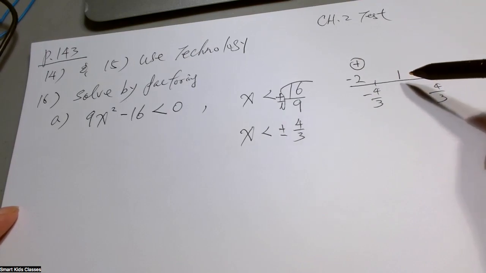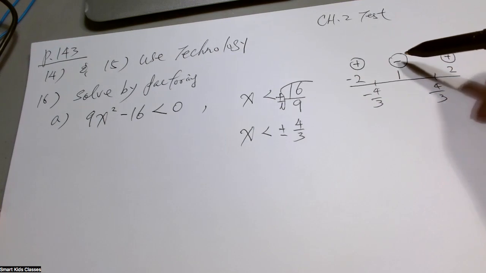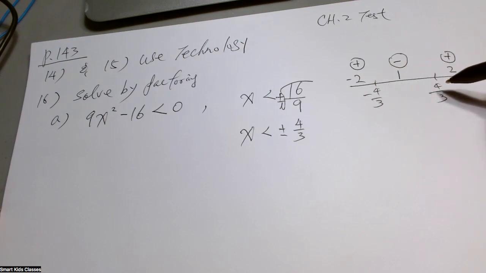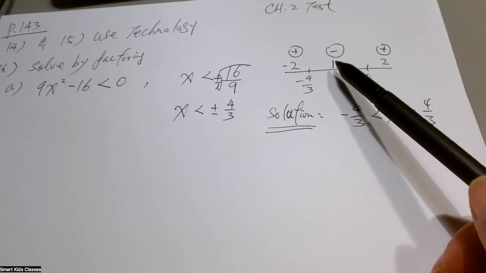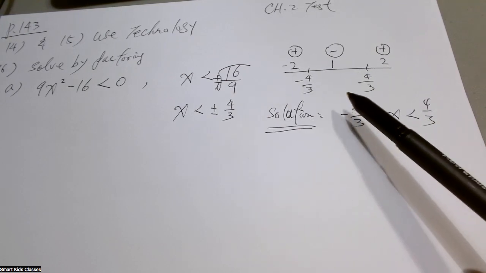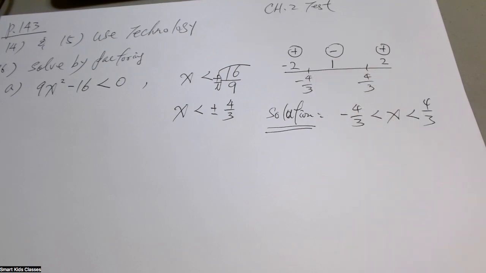How about 1? 1 is true, negative. How about 2? 2 is positive, is not true. So therefore, the only solution is the one between -4/3 and 4/3. So now we are going to write the solution here. So -4/3 from this portion to this portion is the solution. Good.